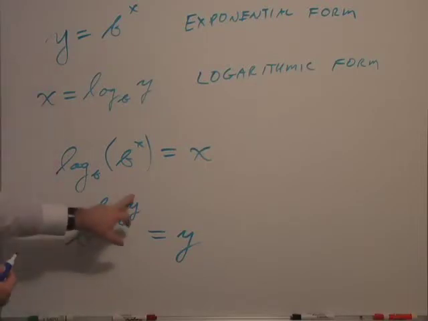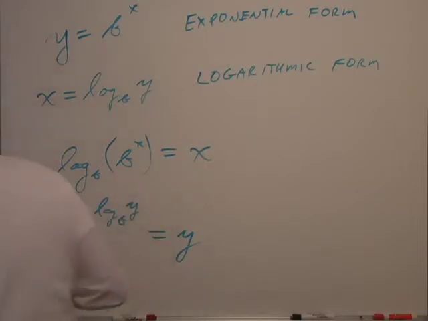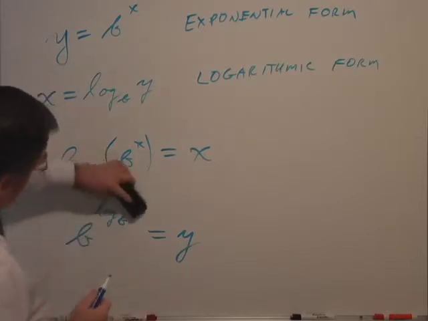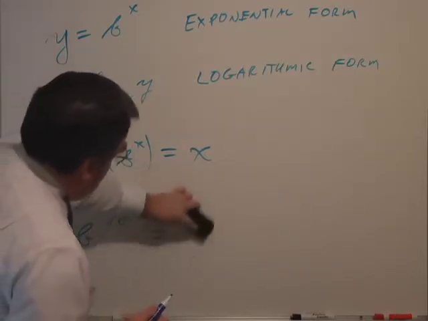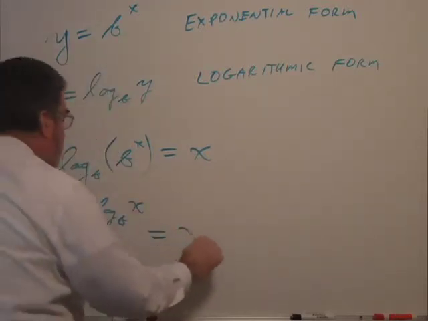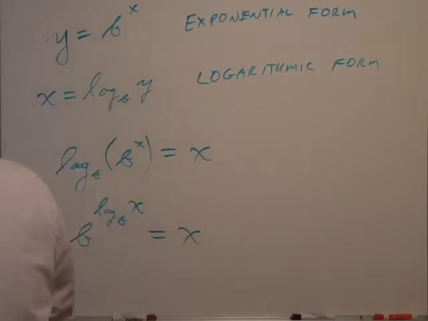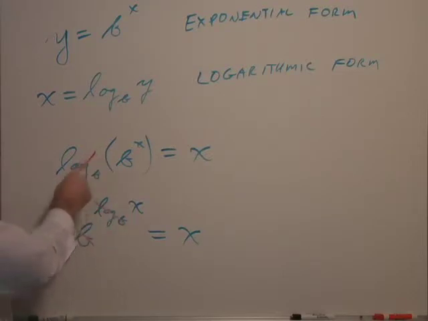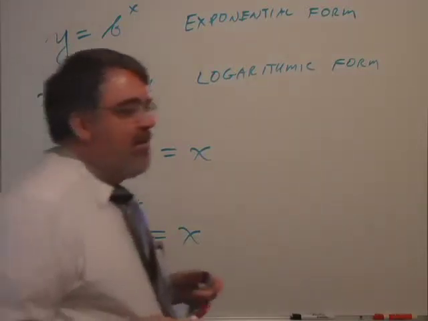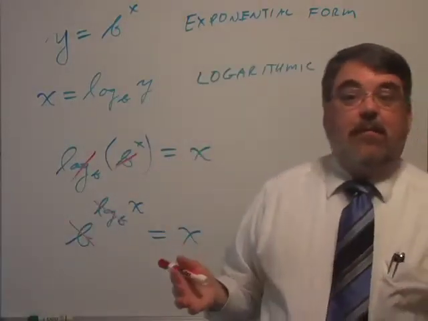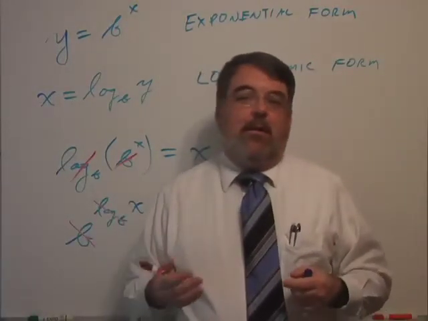But it doesn't matter. This is x, and that would be x also, whatever this number is up here. So you see that, in essence, the exponent function cancels the logarithm, and the logarithm cancels the base of an exponent function, leaving the input value. That really is an inverse function action going on there.